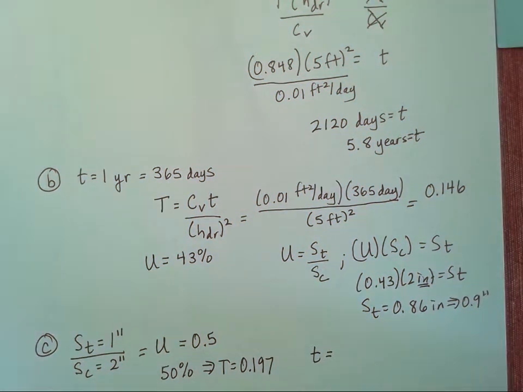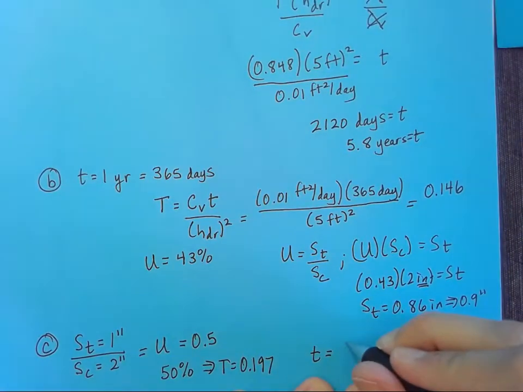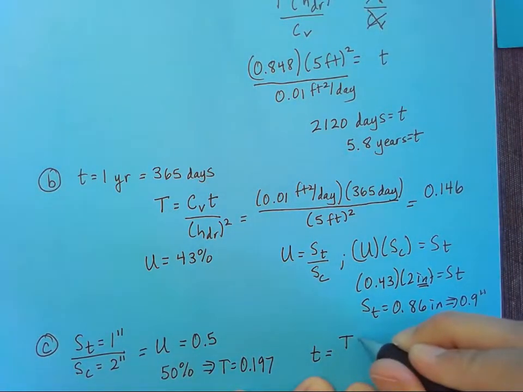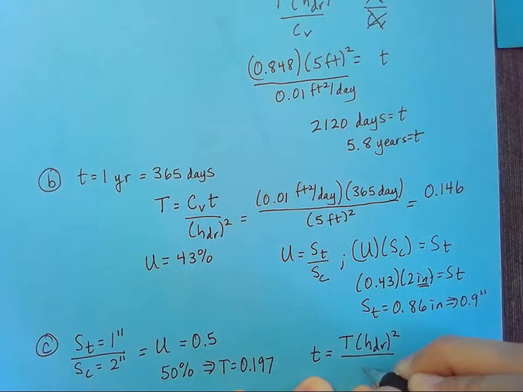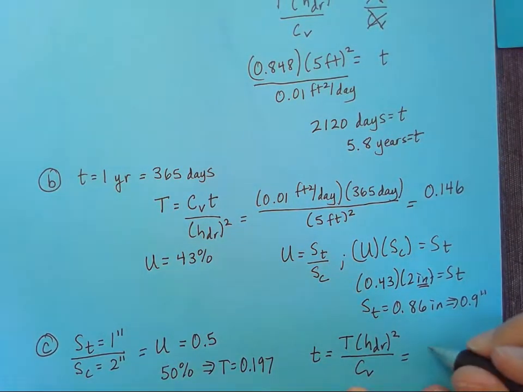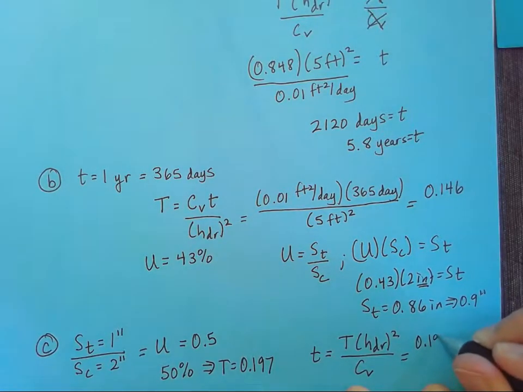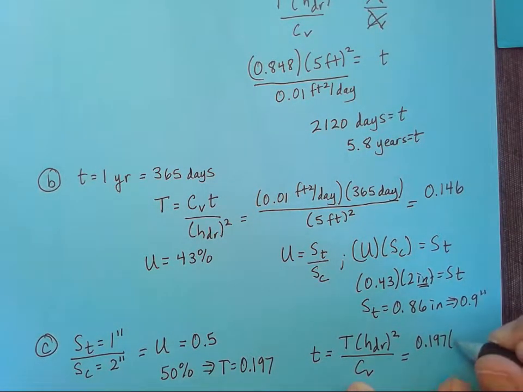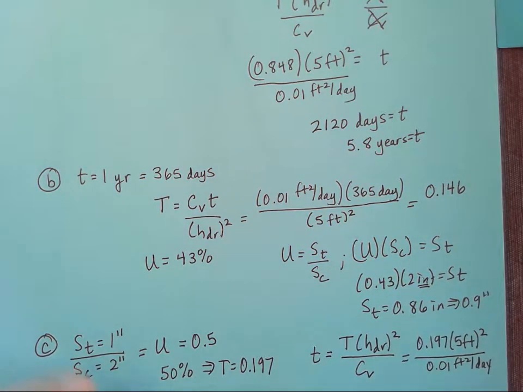I'm just going to go ahead and use what I had found before, that little t is equal to big T times that drainage height squared, all divided by coefficient of consolidation. So in this case my big T is 0.197. My HDR is still 5 feet squared over my 0.01 feet squared per day. And you can see I'm going to get my answer in days here.